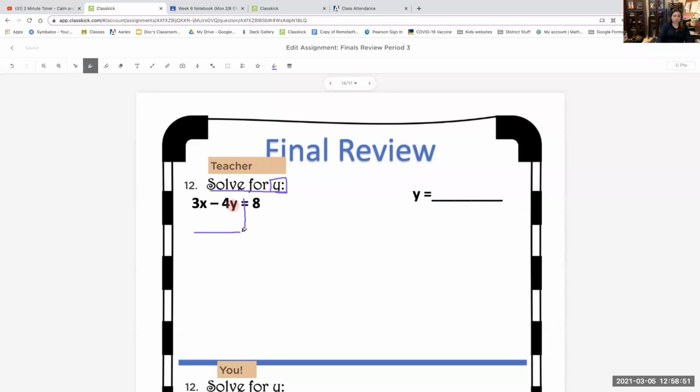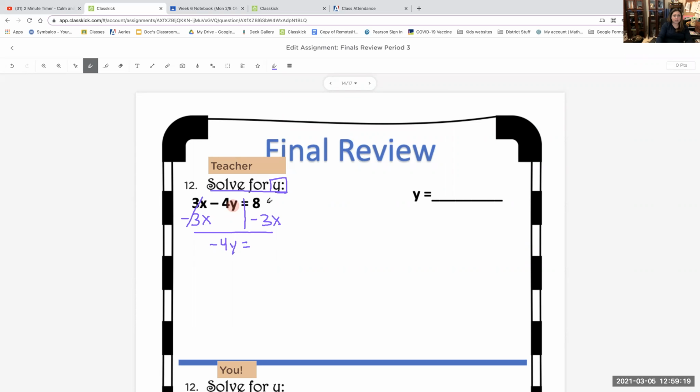So we need to get the y all by itself, which means I need to get rid of this +3x. What's the opposite of a +3x? -3x. So I'm going to subtract 3x from both sides. So my 3x's go away. I'm left with -4y equals. Now, some of you guys want to subtract this and you can't.